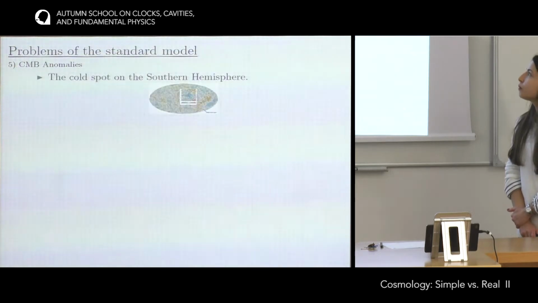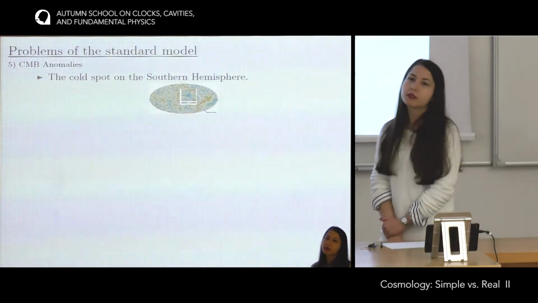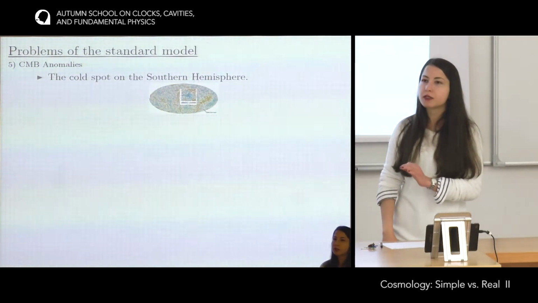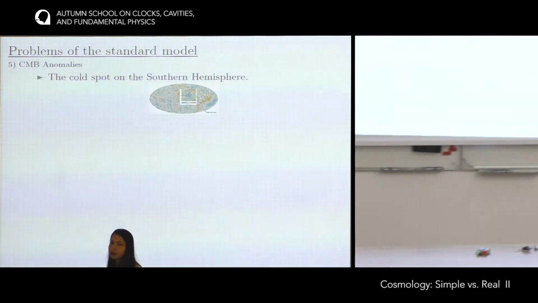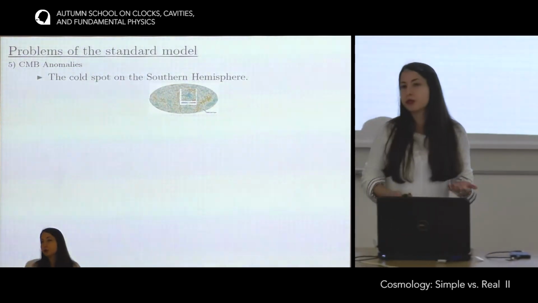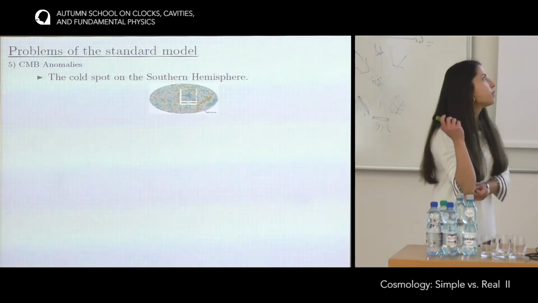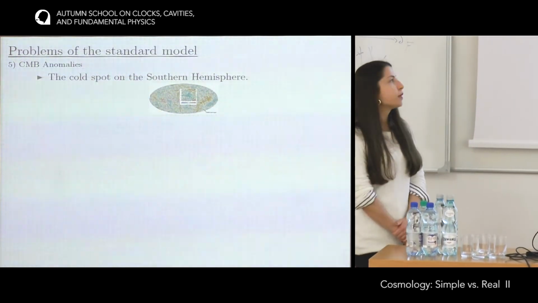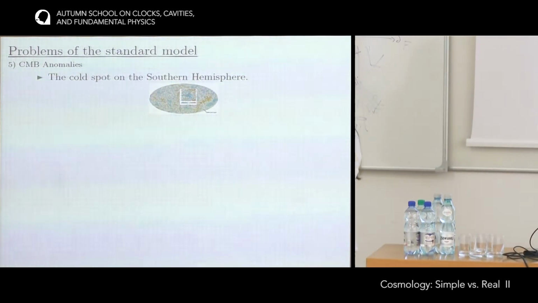And one of the problems is that there exists a cold spot on the southern hemisphere. There's a specific spot which is colder than we expect, which destroys the scale invariance or isotropy, which we do not expect. Some people assume that maybe there's a giant void behind it that made the data look colder, but that didn't turn out to be the case.